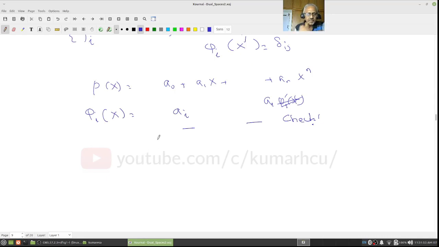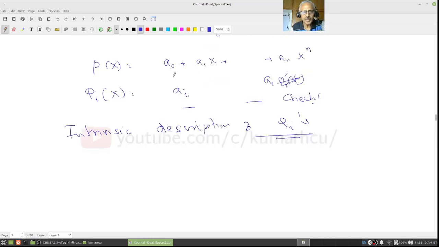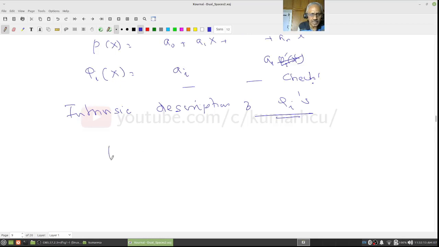But remember, again I want an intrinsic description. What do I mean by that? Now let's look at my polynomial p of x, which is a0 plus a1 x plus up to a_i x power i plus up to an x power n. Notice that this a_i is nothing other than the i-th derivative of the polynomial at 0, suitably scaled.